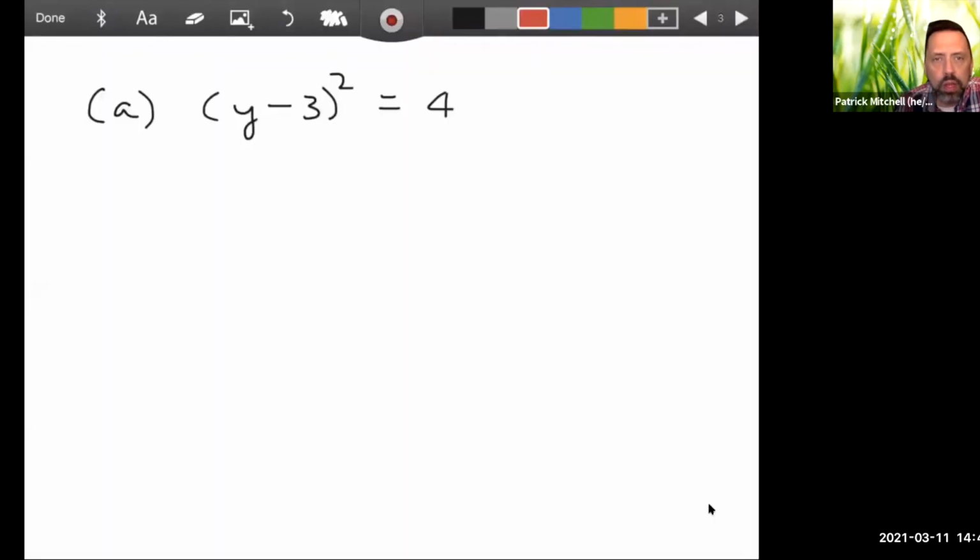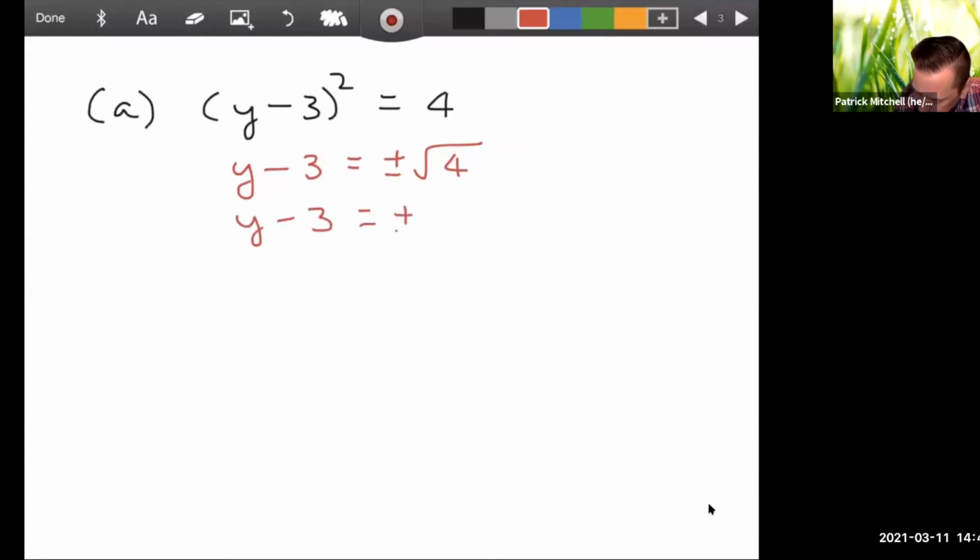All right, starting with the square of y minus 3 equals 4. The first step with using the square root property is to isolate the expression that's being squared, which is already done. So this actually turns out to be pretty simple. If the square of y minus 3 is 4, then that means that y minus 3 has to be either the positive or negative square root of 4. So of course that means y minus 3 is either positive or negative 2.